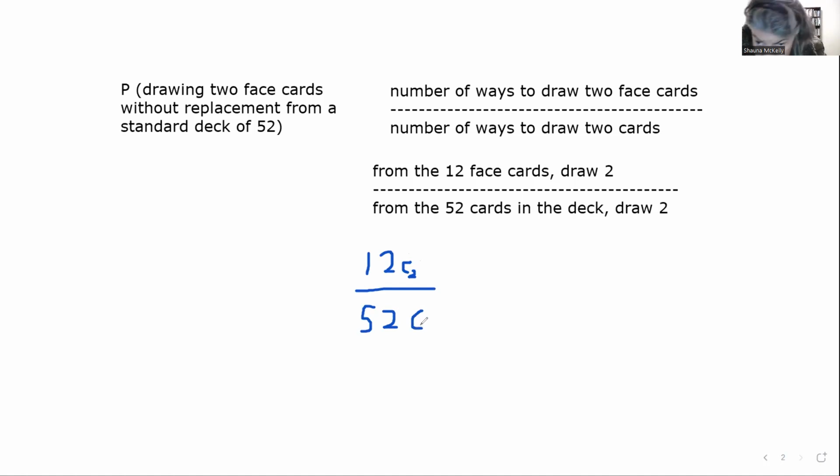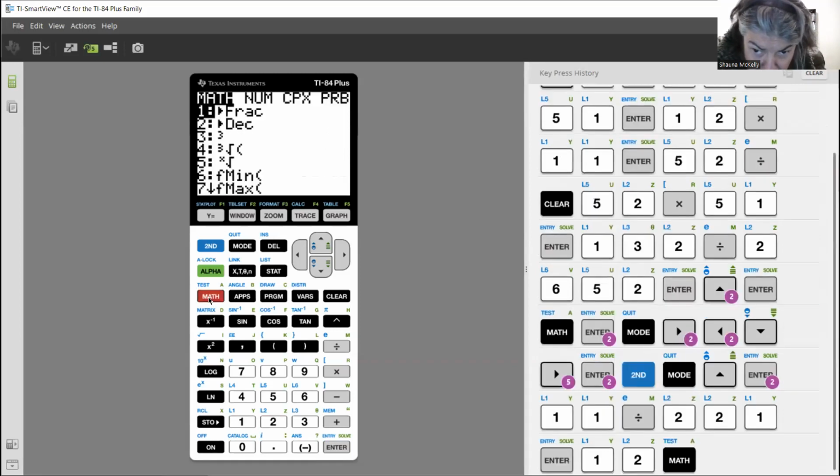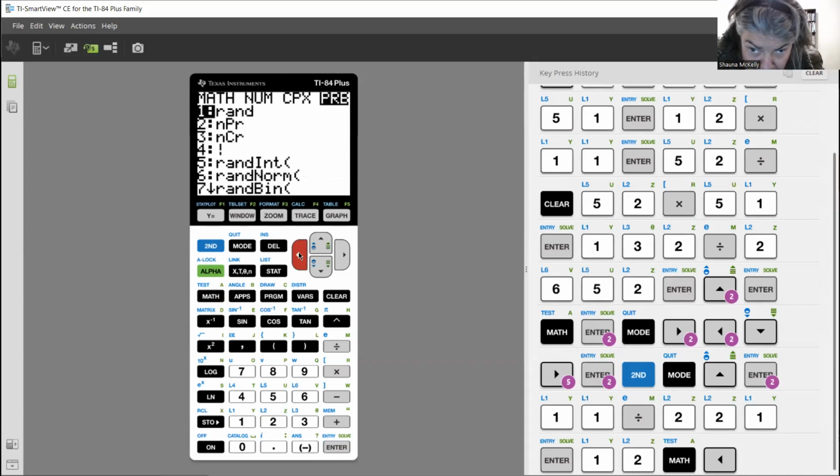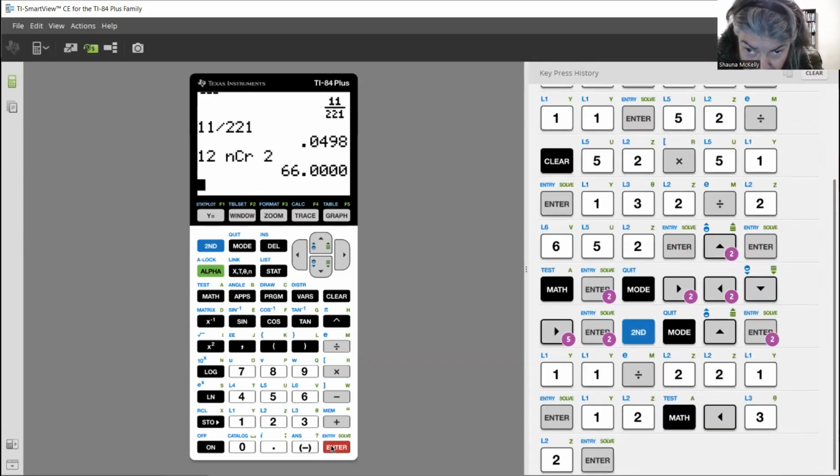And then it's time to get your calculator out and compare them. So 12, choose 2. Let's do this on the calculator. Remember, to get to your probability, you go math and you go to the last option, probability. And then number 3, NCR. 12, choose 2, 66.